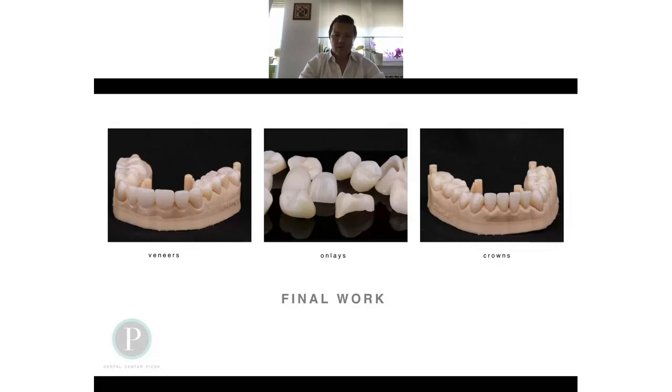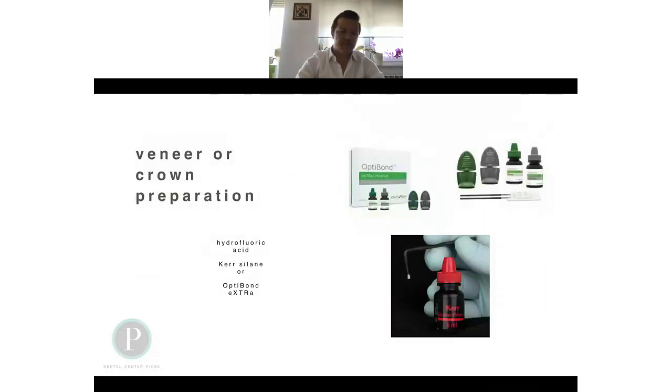So the hardest part for me, as I mentioned before, is that I would like, if it's possible in the future, to only do the preparations and the planning, and if I have other colleagues who only want to do the bonding part, the cementation part, I would be much happier. Because your dental technician can produce the perfect veneers, perfect crowns, and then when you cement it, everything can go wrong, because this is the most sensitive part of, I think, every therapy.